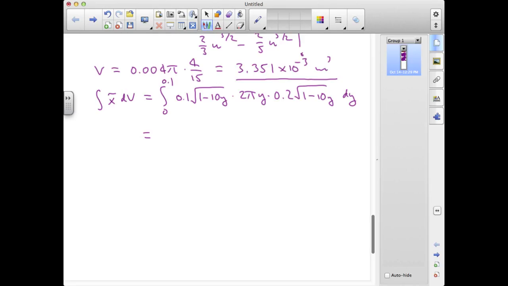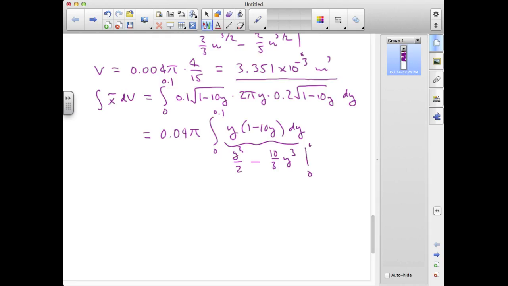So what we end up with here now is we have 0.1 times 0.2 times 2 pi that we'll bring out in front. We have a 0.04 pi integral from 0 to 0.1, and we have y times 1 minus 10y dy. Okay, now that's very easy to evaluate because, again, we're just back to polynomials. That's y squared over 2 minus 10/3 y cubed between these limits.